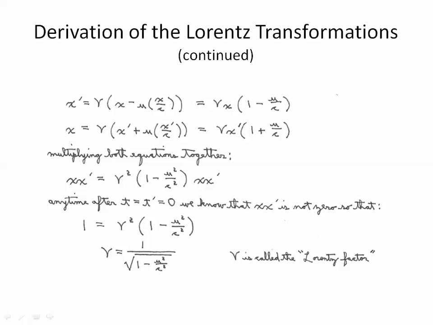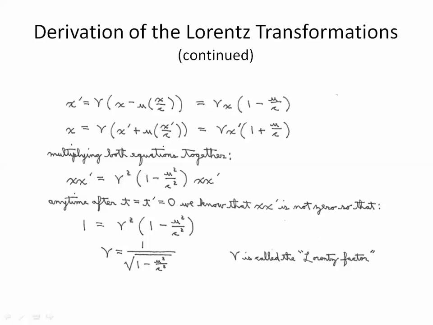Rearranging the expression to solve for gamma gives us 1 divided by the square root of the quantity 1 minus u squared divided by c squared. This is the key result that makes the Lorentz transformations work. Gamma is called the Lorentz factor.